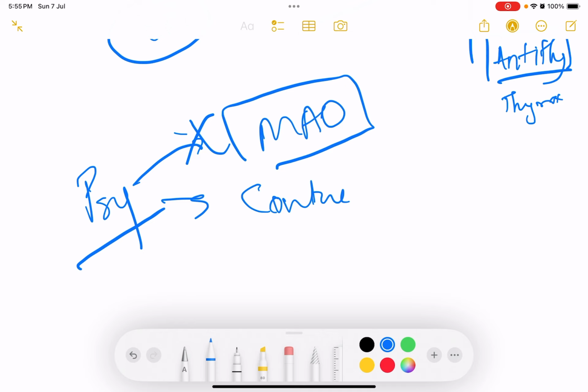So MAO-B, especially selegiline, and MAO-A inhibitors react with the opioids, meperidine, and they can cause elevated levels of meperidine, and even your catecholamines, right? So you would have an SNS storm, right?